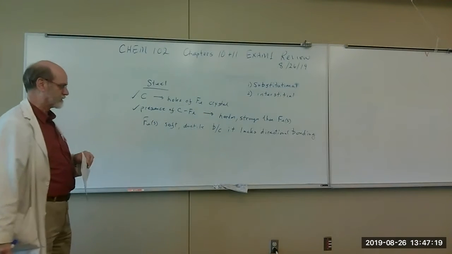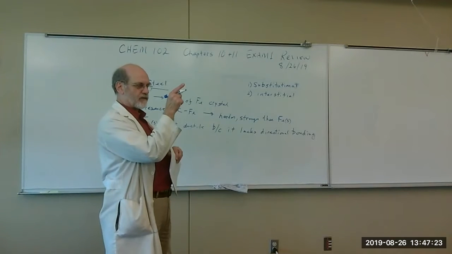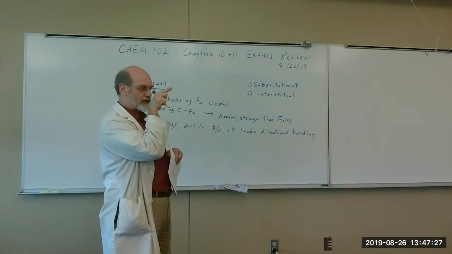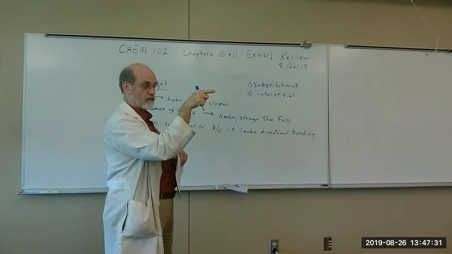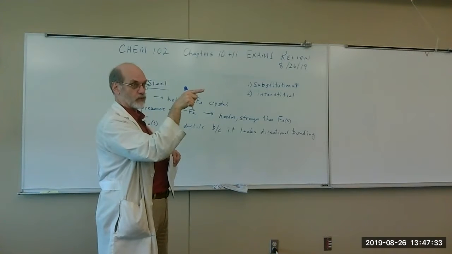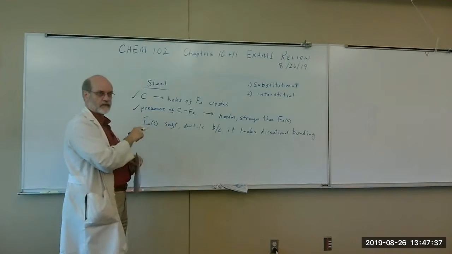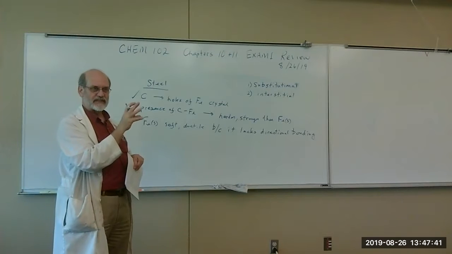What does that mean? Directional bonding is like the electron density in the bond is on this axis with the next atom, and it stays there. Those electrons do not move. Is that true for iron? Remember the theories about metallic bonding.